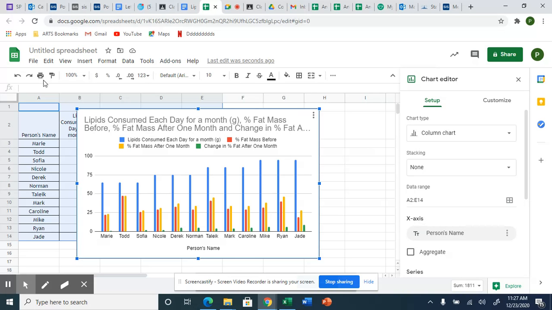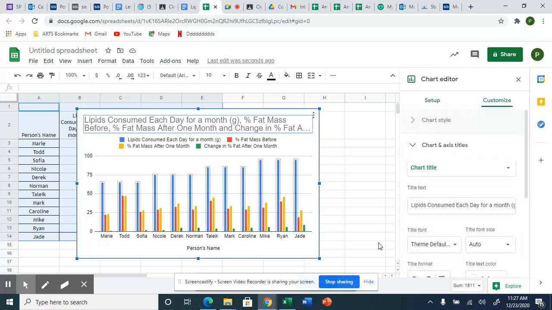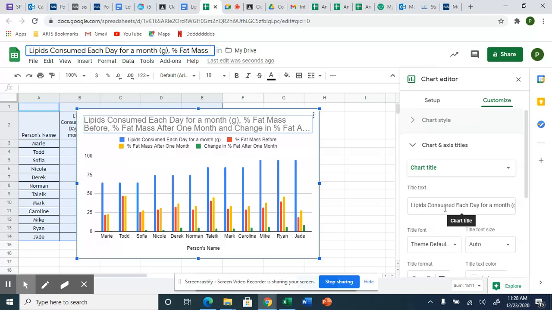Now I'm going to copy this label and make it the title. I click here and the title's over here on the right.